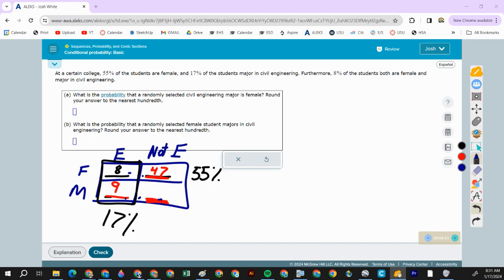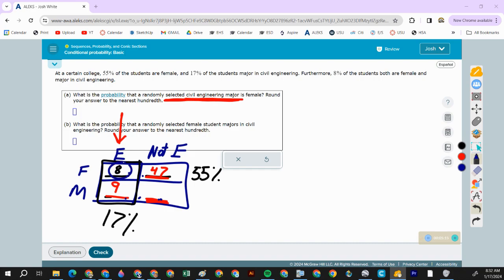So what is the probability that a randomly selected civil engineer major is female? So this says we're only looking at the civil engineers. So we're looking at this column. What is the probability that a civil engineer is female?